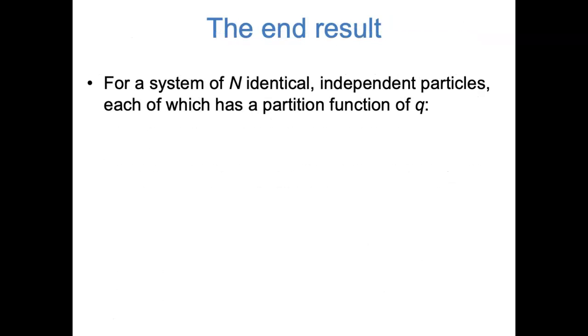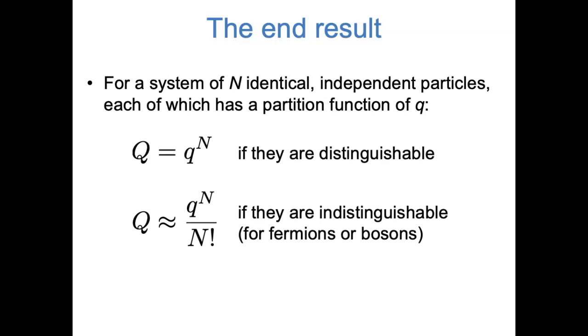That leads us to a nice approximation that we can make for the partition function of indistinguishable particles, regardless of whether they're fermions or bosons. As we saw earlier in the video, if we have n distinguishable particles, the partition function for the whole system, capital Q, is equal to the partition function for an individual particle, lowercase q, raised to the power n.